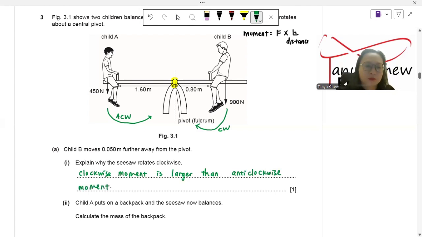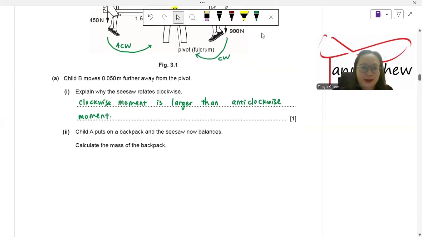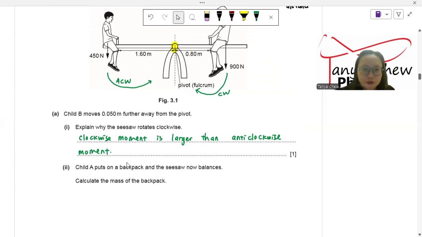Now the second part: child A puts on a backpack and the seesaw now balances. Calculate the mass of the backpack. First, when you see this keyword, balances, it also means that anti-clockwise moment equals clockwise moment.